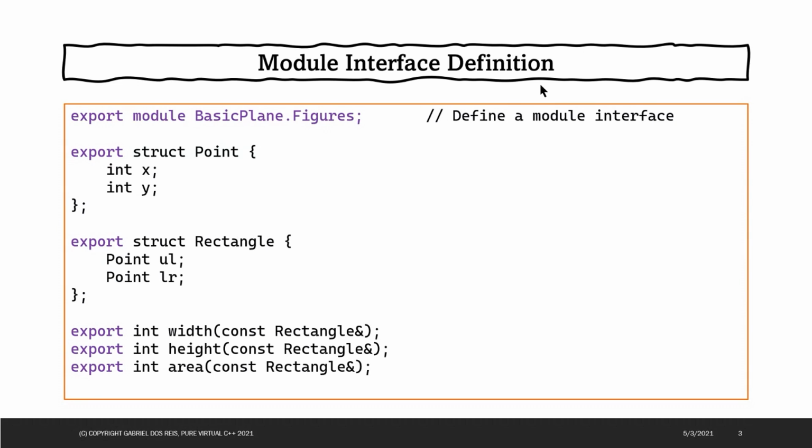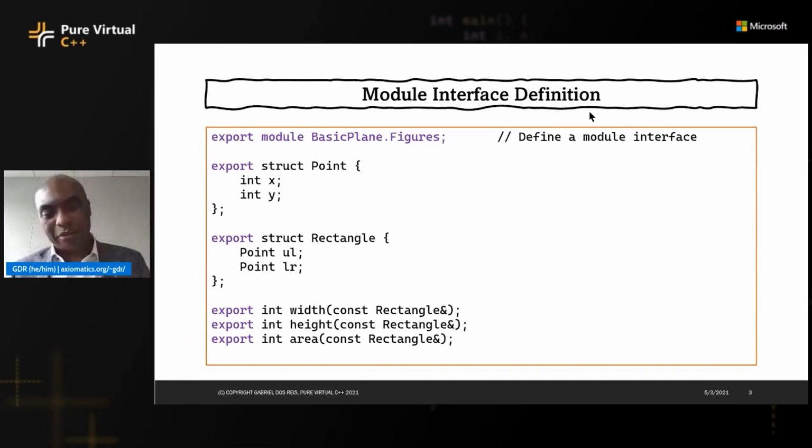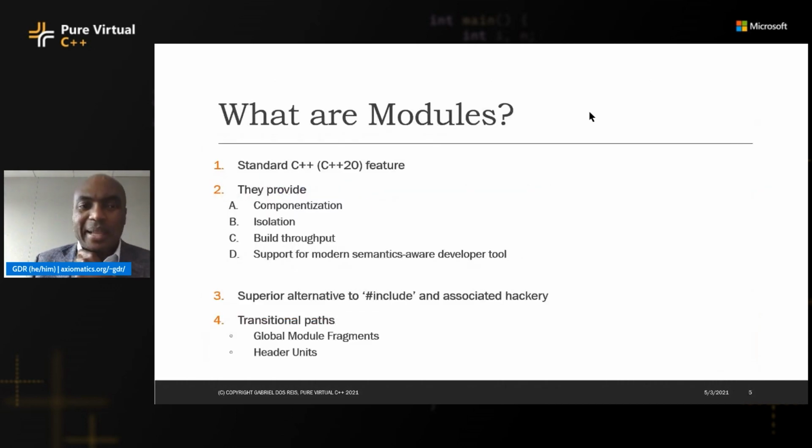If I had declared any other functions here that weren't preceded with the keyword export, that function would not be usable from the outside. So you have a language means to say these are the boundaries of my components.